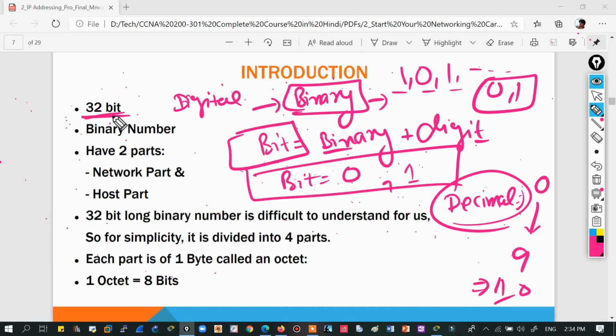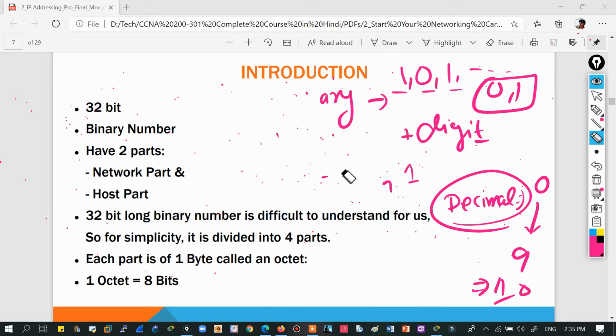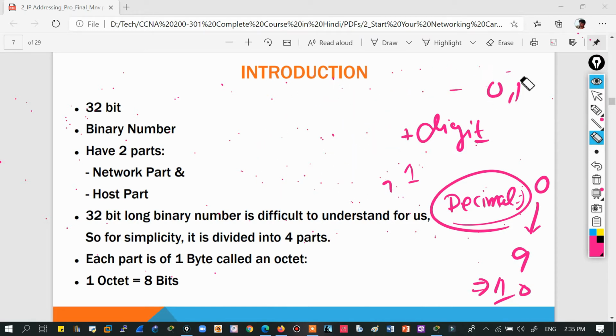So for the computer's processor and RAM, IP is of 32 bits. Then it is represented in dotted decimal. If you remember, IP is written like 10.0.5.7, so that we can understand it. Let me give you an example.